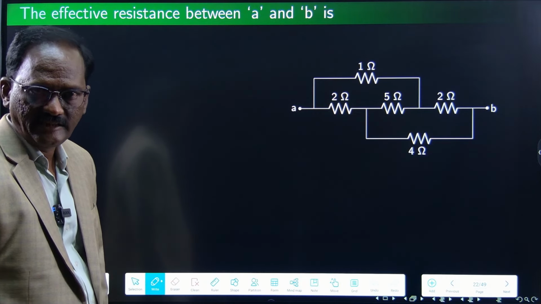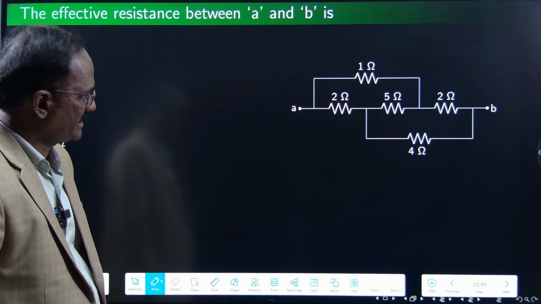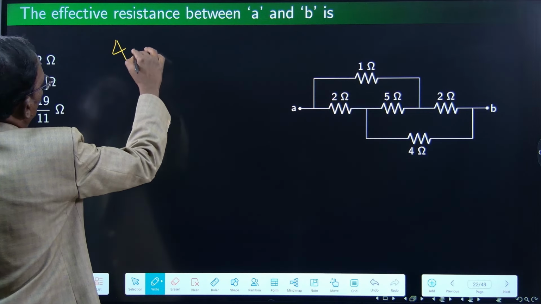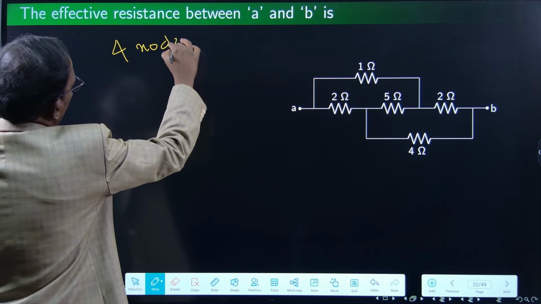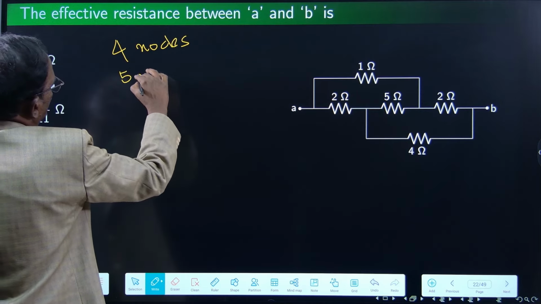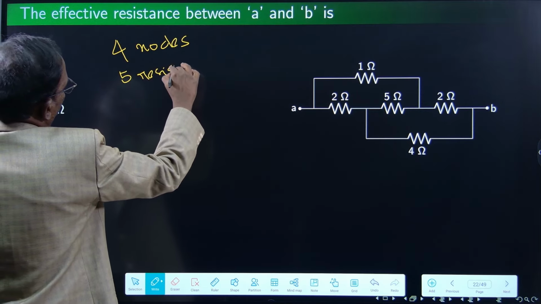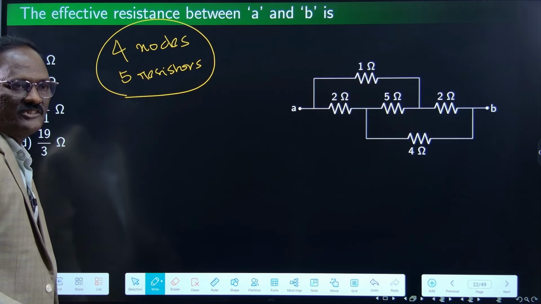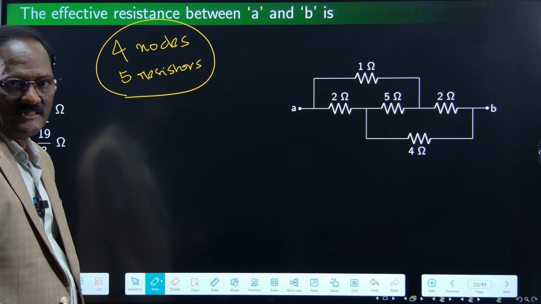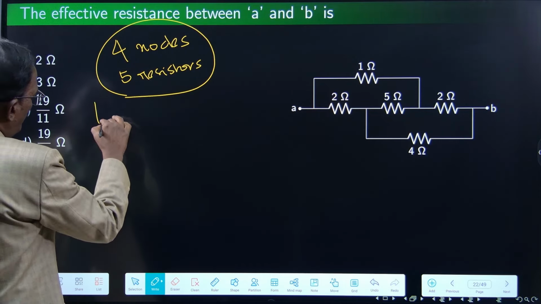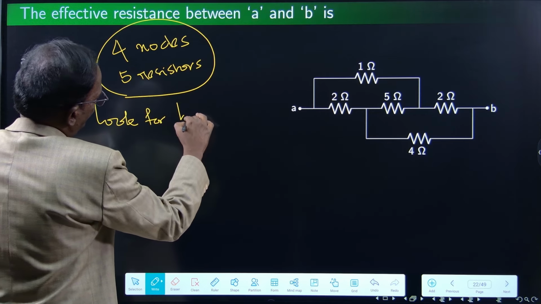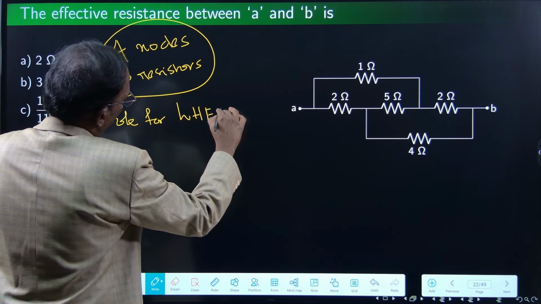This is another tip or trick I will teach here. If there are 4 nodes, please remember, and 5 resistors, 4 nodes and 5 resistors, look for Wheatstone bridge.